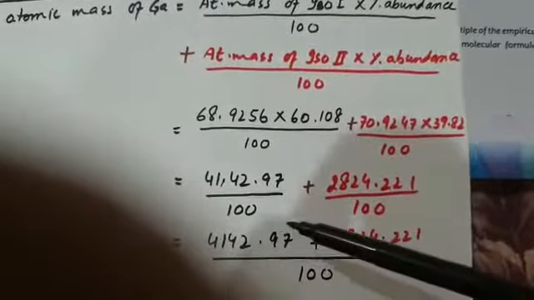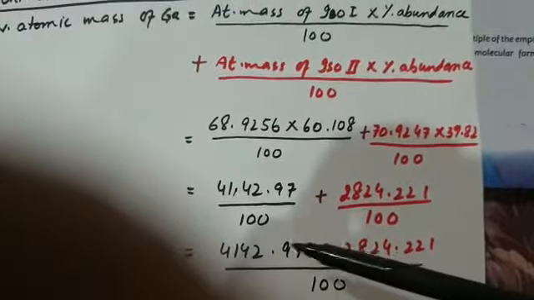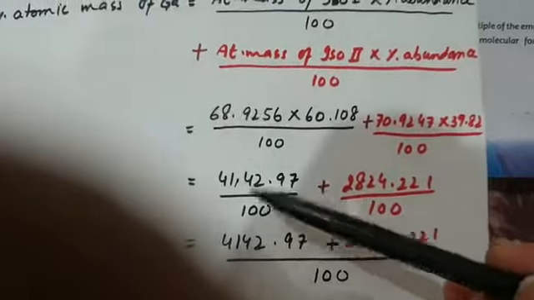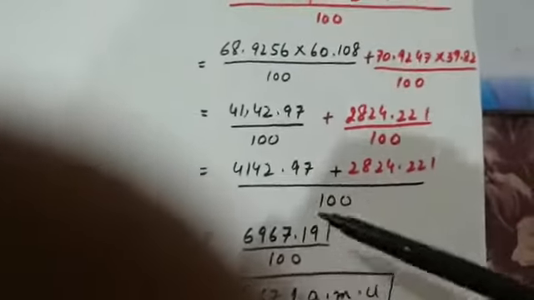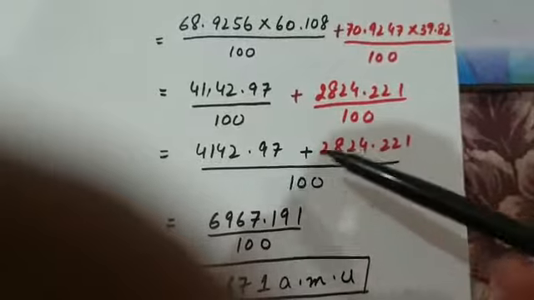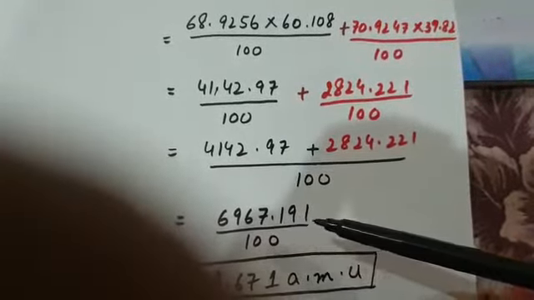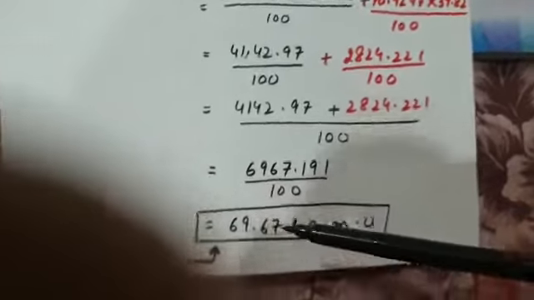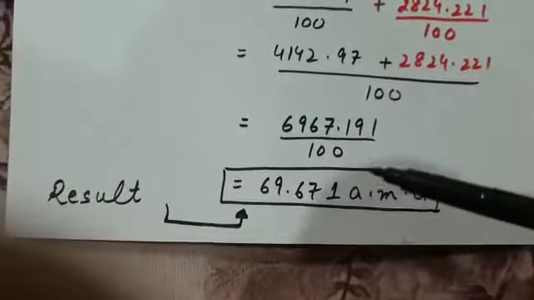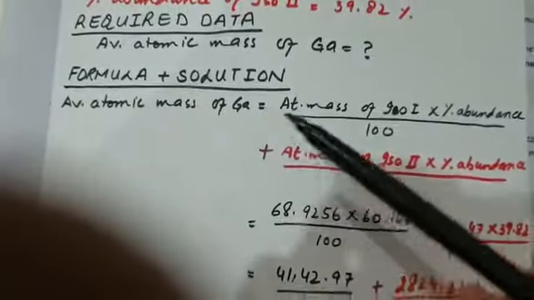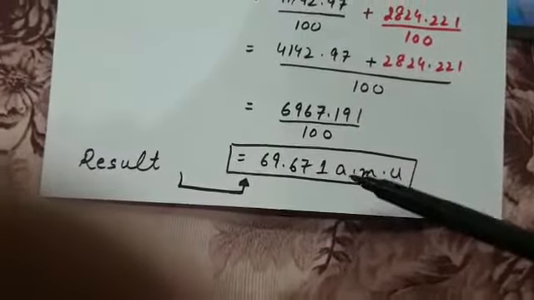When you take the LCM, it will again be 100. You will take the sum of these two figures, 6967.191 divided by 100. By dividing by 100, you will get 69.671 AMU, and that is the average atomic mass of gallium, which is your result.